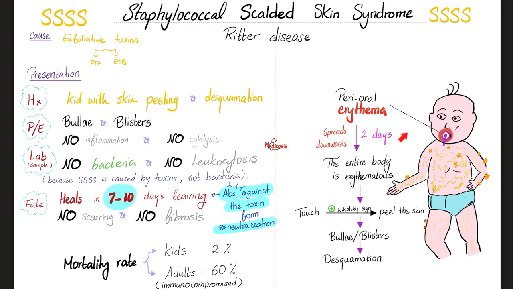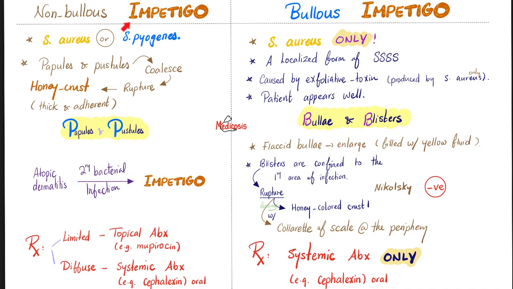The bullous impetigo, the severe one, the peculiarly Staph aureus one, is a localized form of staph scalded skin syndrome, which we talked about in last videos. Non-bullous versus bullous impetigo. Non-bullous, Staph aureus or Strep pyogenes. Bullous impetigo, only Staph aureus. The first is papules and pustules. The second is bullae and blisters.